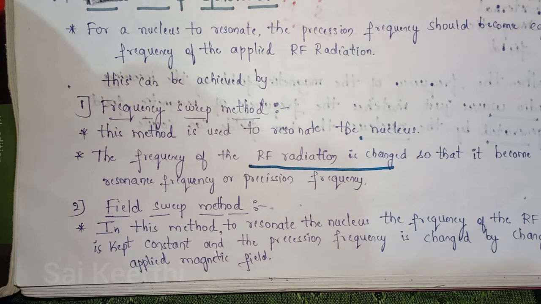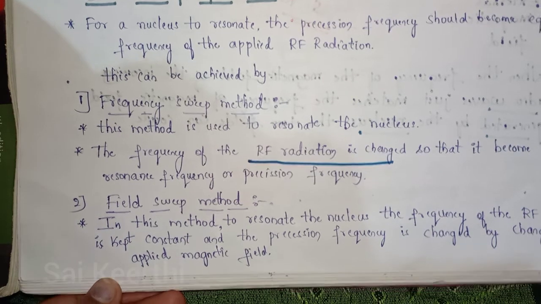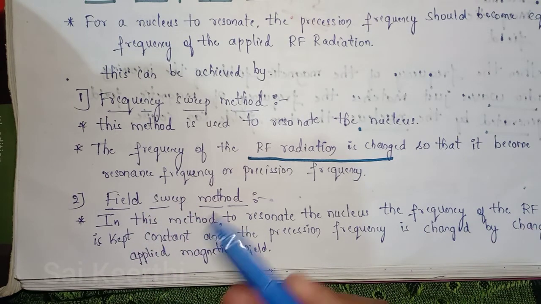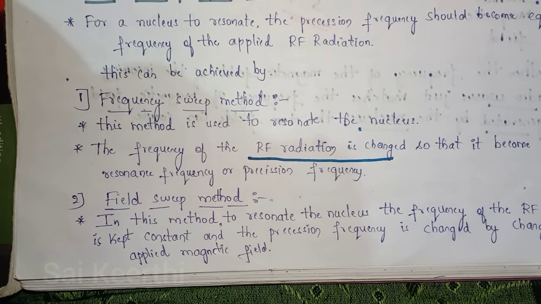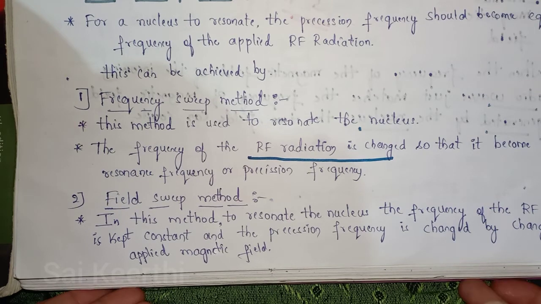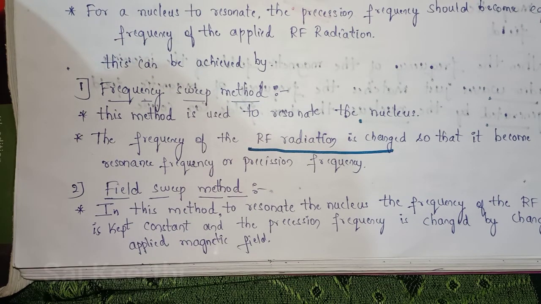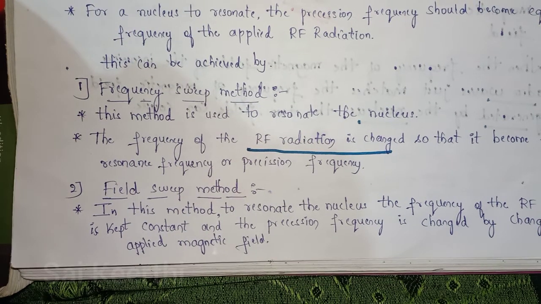The second method is the field sweep method. This method is exactly opposite to the frequency sweep method. Here also we are bringing the nucleus to resonance. The frequency of the RF radiation is kept constant while the applied magnetic field is changed.